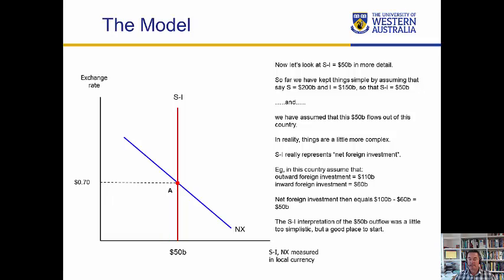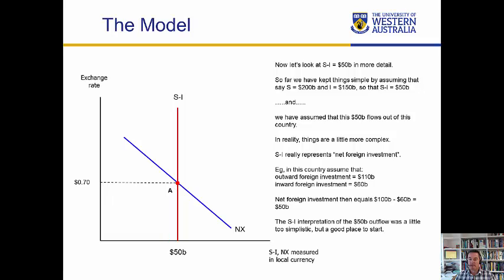So it is the net investment flow that we are interested in. So $110 billion of investment money heads out of this country, but 60 billion foreign investment money flows back in. The net foreign investment is $50 billion flowing out of this country. And that is a more realistic interpretation of what S minus I actually represents.